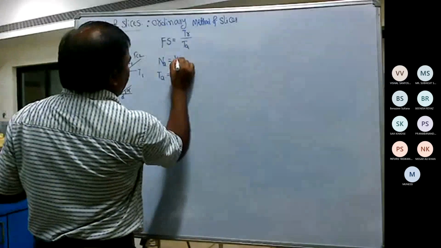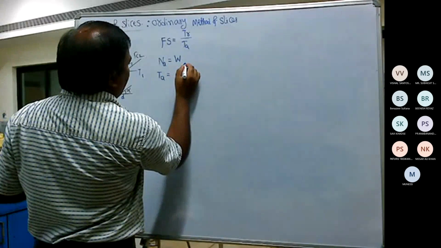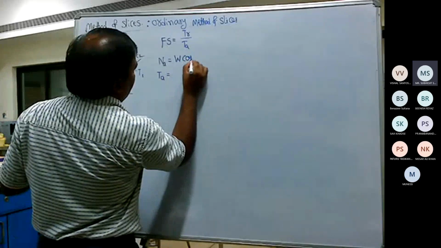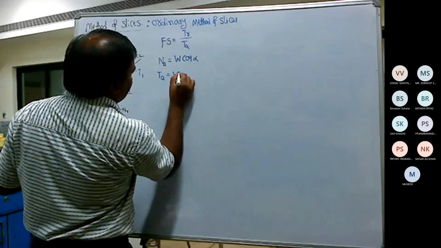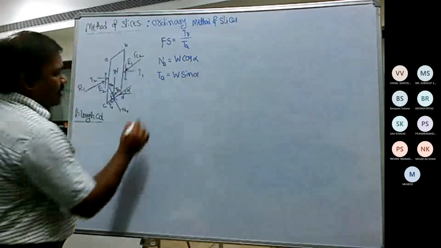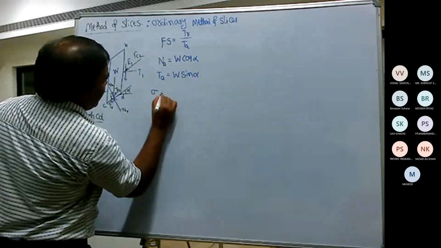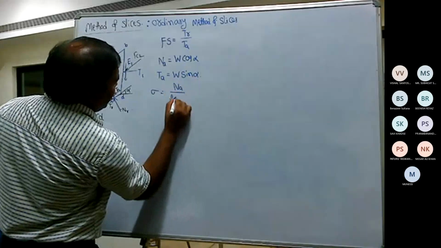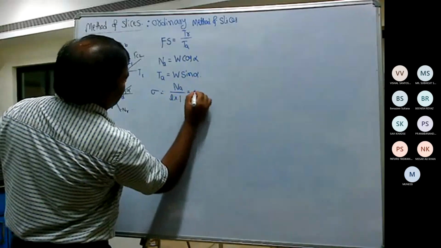This is W cos alpha, and this is W sin alpha. Suppose I want to determine the sigma, so this NA should be divided by L into 1.